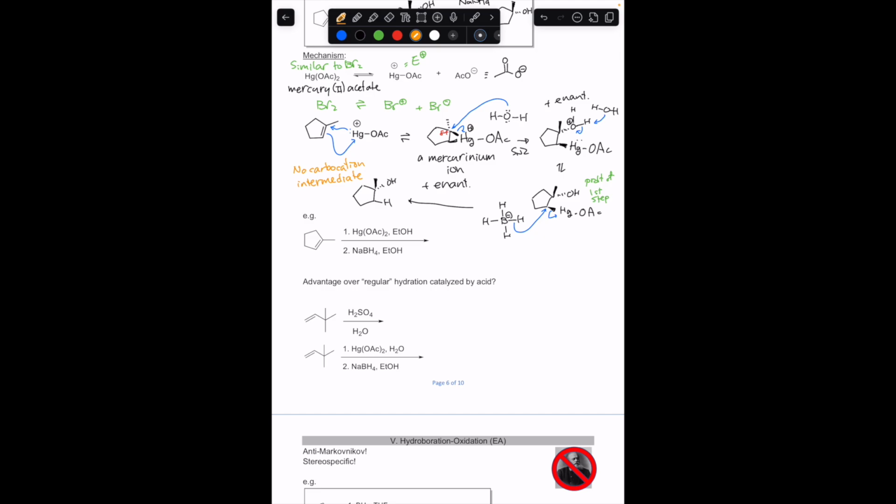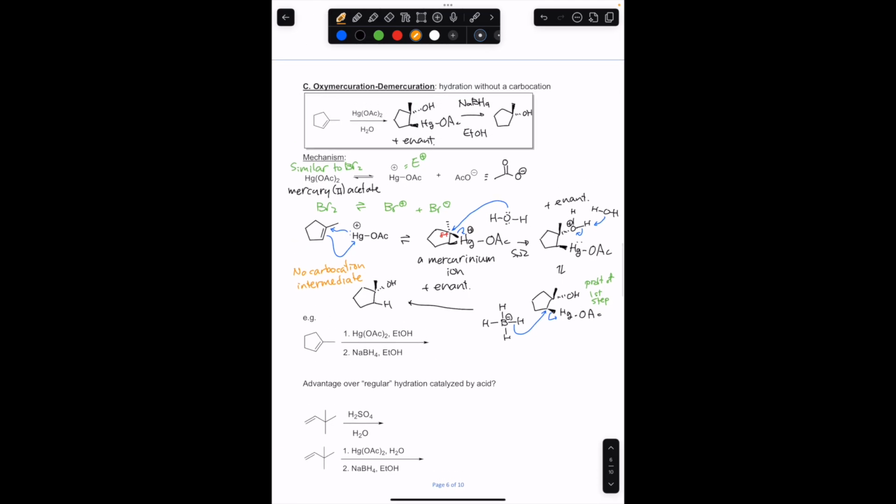That would be the reason why some chemist would choose to do this oxymercuration reaction to introduce water to the double bond instead of the regular acid catalyzed hydration reaction, to avoid a carbocation intermediate. Now, why is that special? By the way, this is still a Markovnikov product.